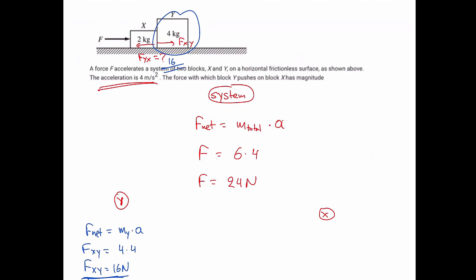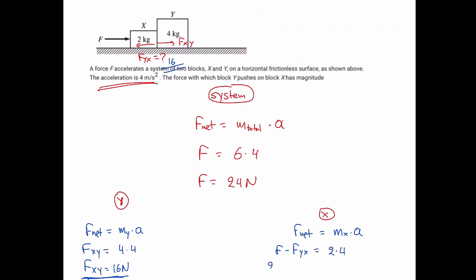If we decide to work for object x, we can apply again Newton's second law: F net is equal to the mass of object x multiplied by the acceleration. But the F net on the x-axis for object x is the force to the right minus the force to the left. So the force minus the unknown force is equal to 2 times 4.